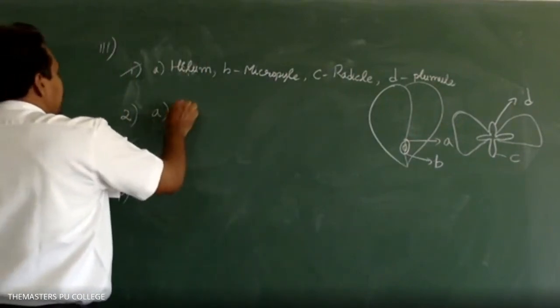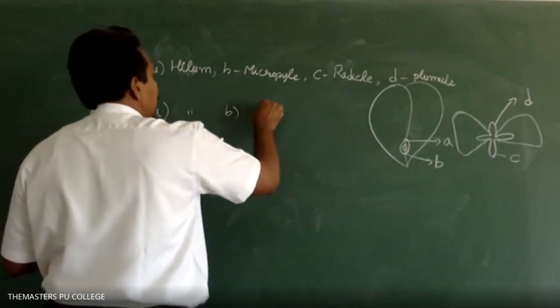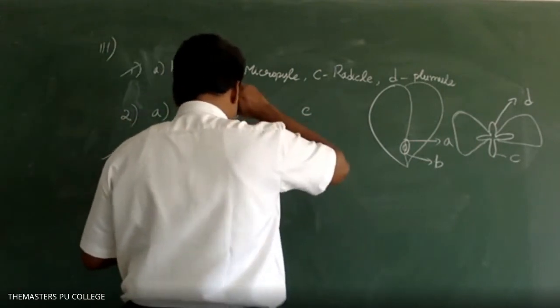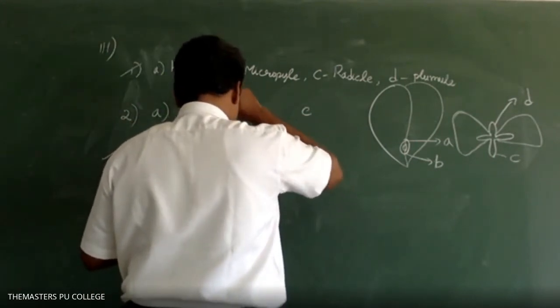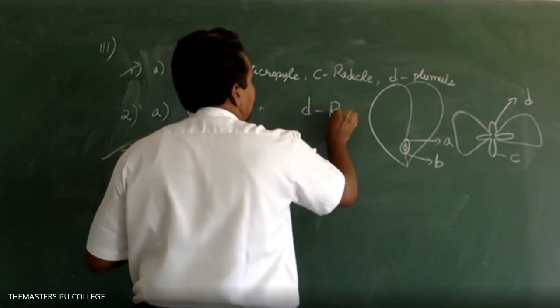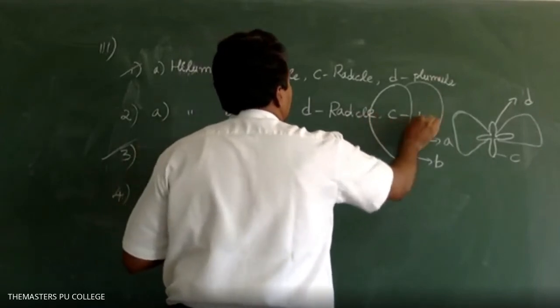Second option, A is testa, B is micropyle, C is plumule, D is radicle.